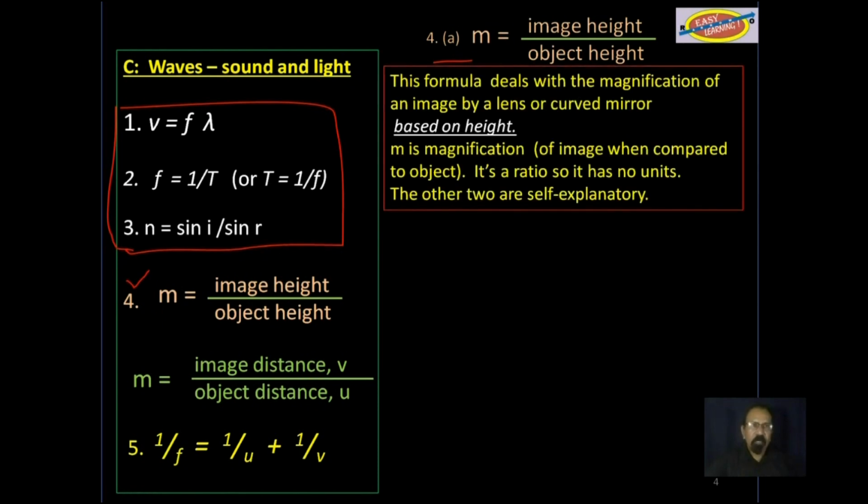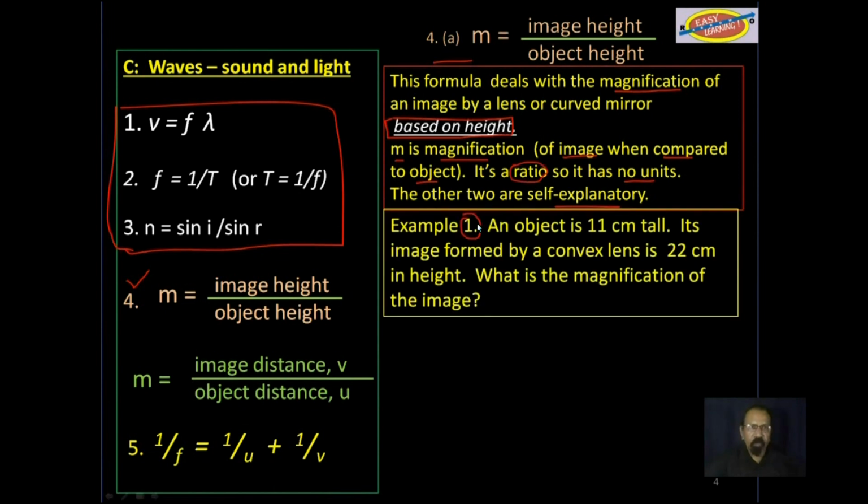And this is calculating the magnification based on the height of the image and the height of the object. M, of course, is magnification of the image when compared with the object, and it has no unit as it is a ratio.